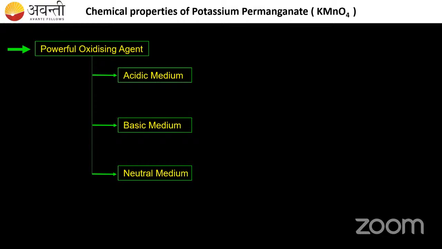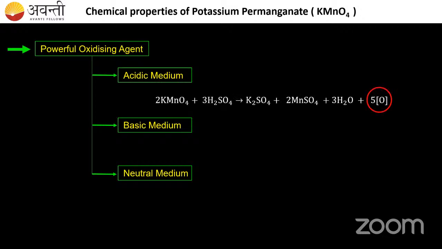In each medium, the oxidizing power will change. I will give you the equation showing in which medium the oxidizing power is more and in which it is less. First let's go with acidic medium. In acidic medium, we have to add an acid, and the acid I'm adding here is sulfuric acid. This is the potassium permanganate.